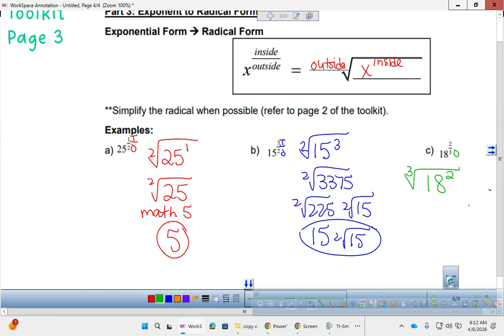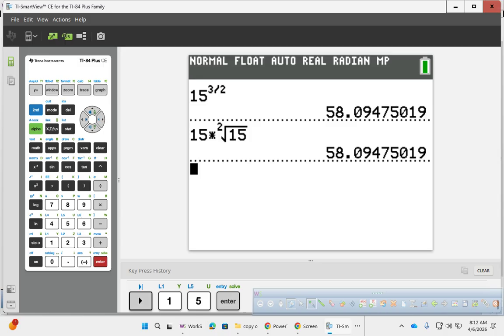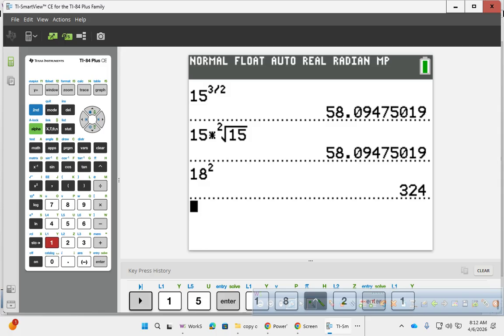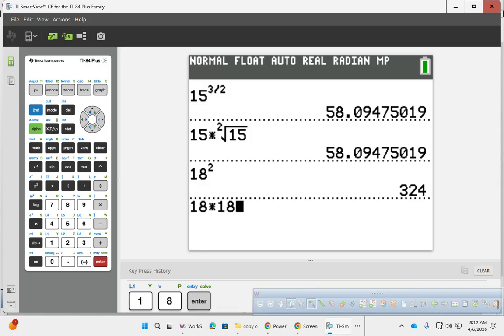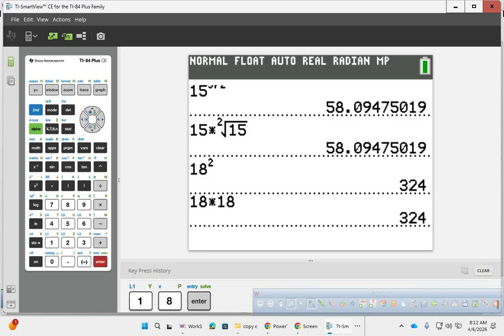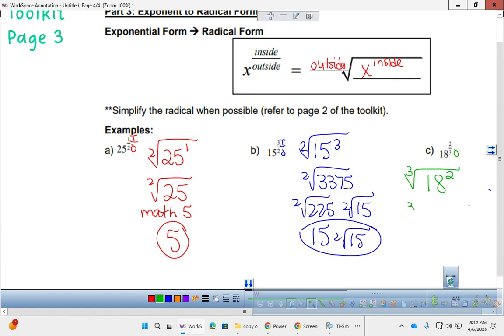And we're actually going to evaluate what that is. So this is 18 to the power of 2, or 18 times 18. It's not 36. You're not multiplying it by 2. So that's 324. We're looking at the third root of 324.